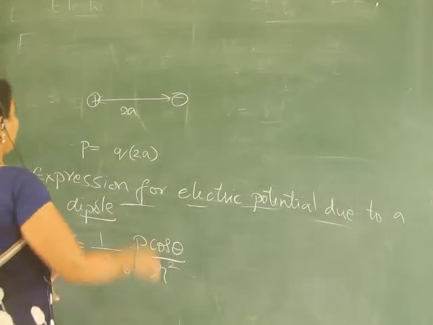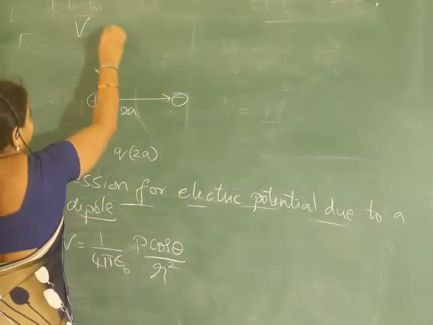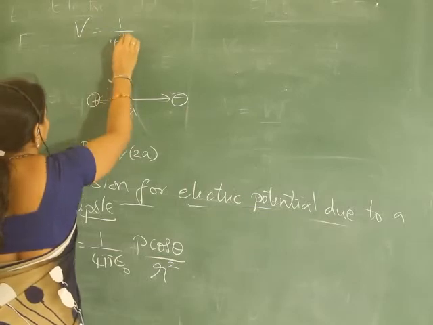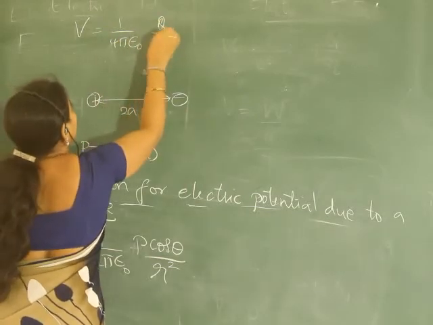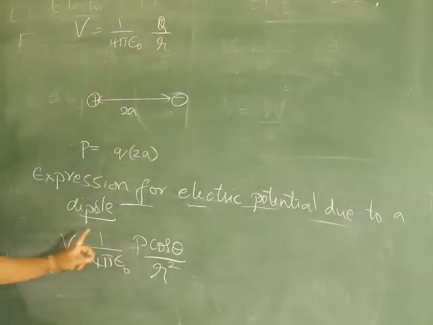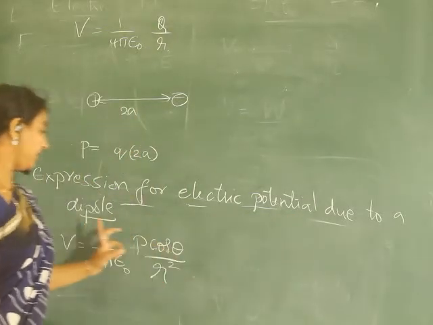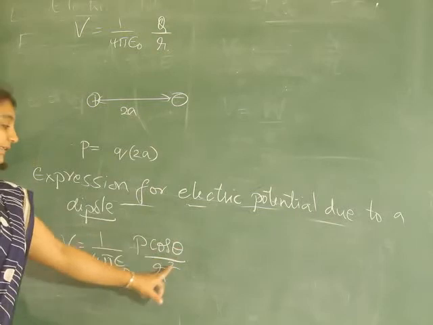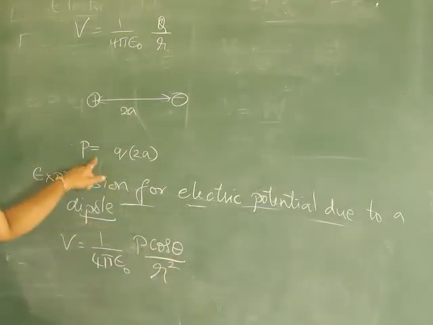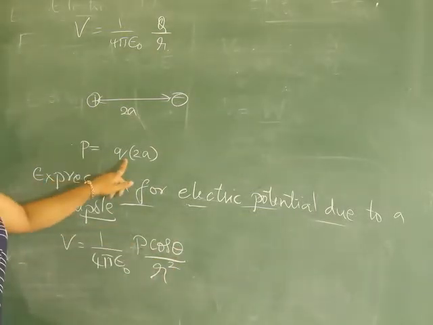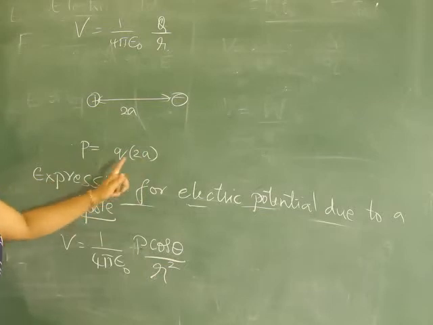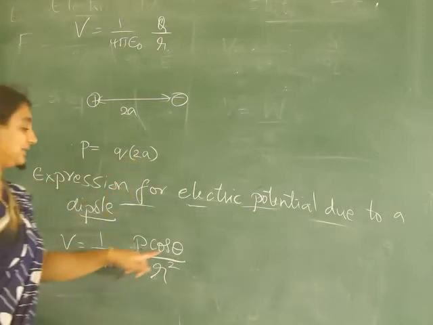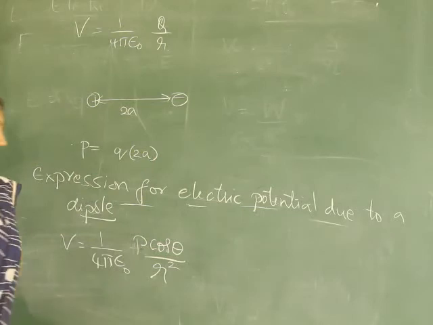We have got the expression for the electric potential as 1 by 4 pi epsilon naught Q by R. But the expression for the electric potential due to a dipole is V is equal to 1 by 4 pi epsilon naught P cos theta by R square, where P is nothing but the dipole moment 2AQ or Q into 2A, and theta is the angle between the dipole and the position vector.